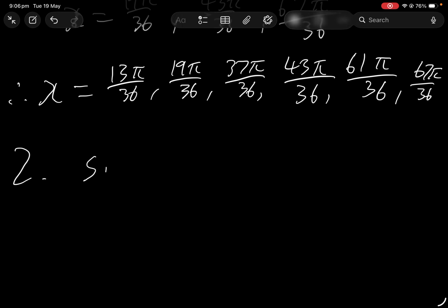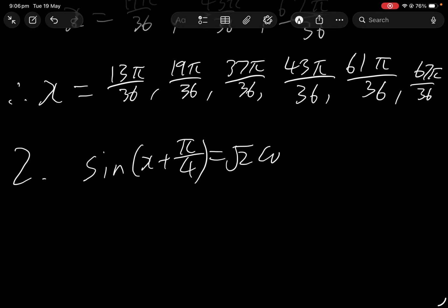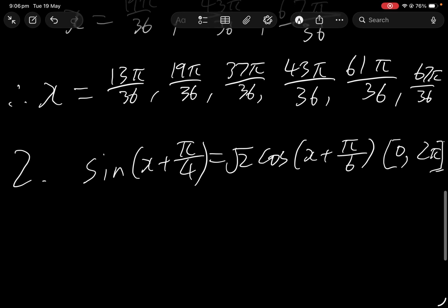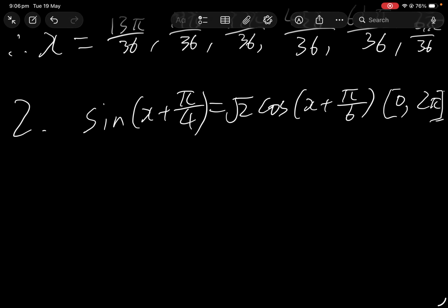So the first one says sine of x plus pi over 4 equals square root 2 cos of x plus pi over 6. Yep, and it's the same domain, 0 to 2 pi. Now we'll just expand it with our trigonometric identities.